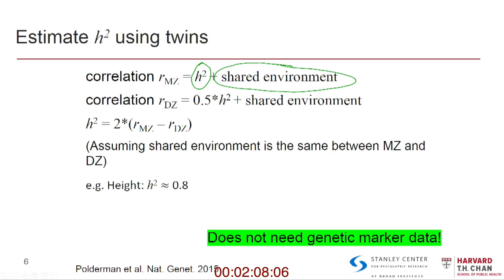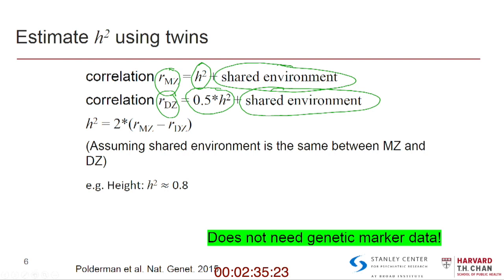For heterozygous twins, we know they only share half of the genome, so the contribution from the genetics should be divided by half because only half is shared, and also there is the same shared environment because they live in the same household. So what you can do is you subtract the concordance between the heterozygote twins and the monozygote twins, and you times this number by 2, that's going to be the measurement of the heritability.